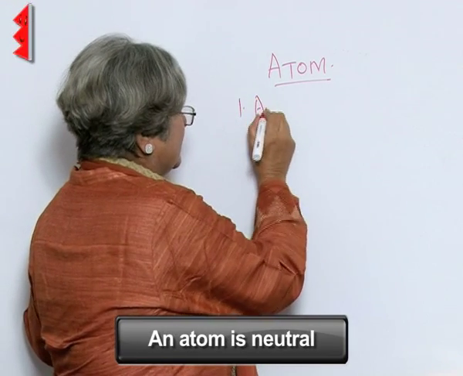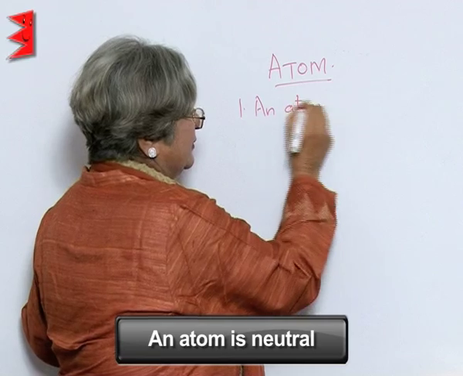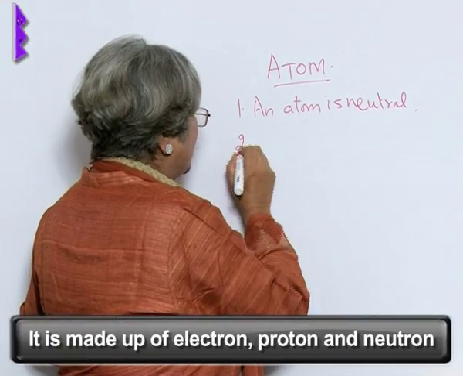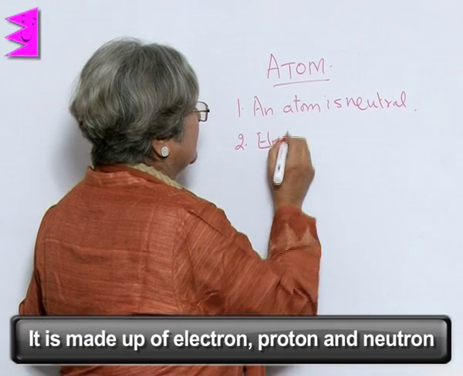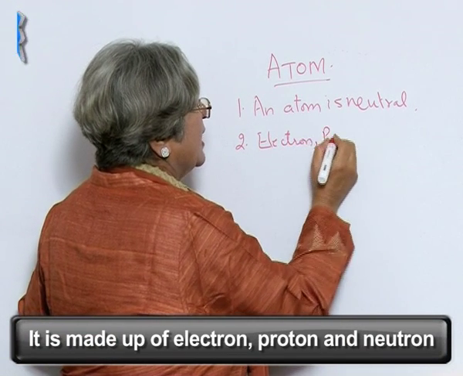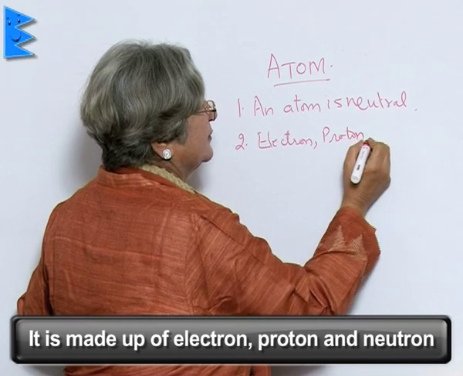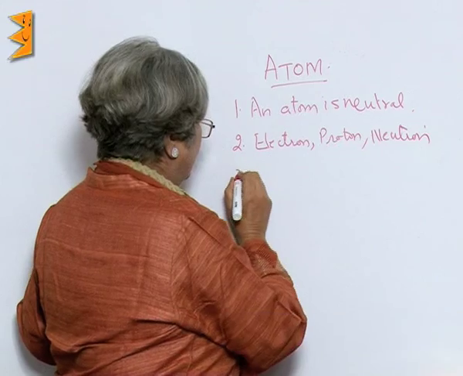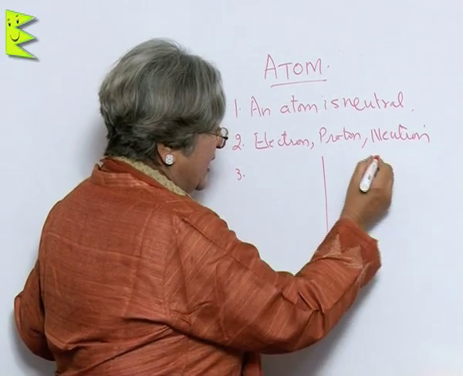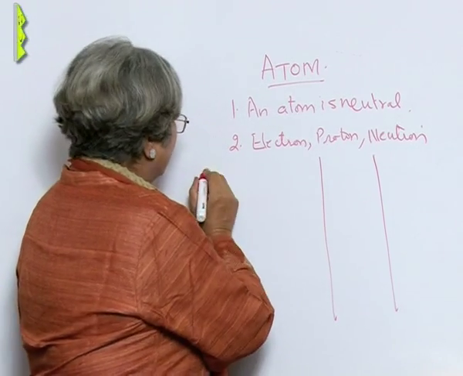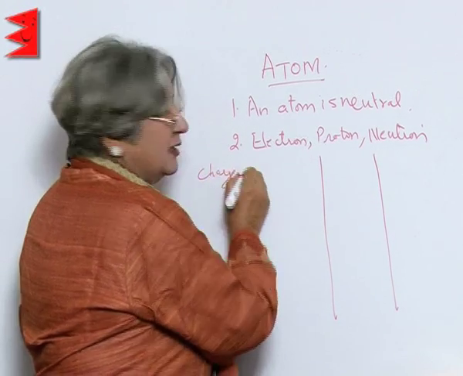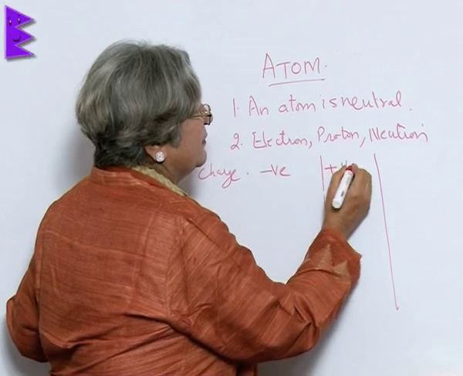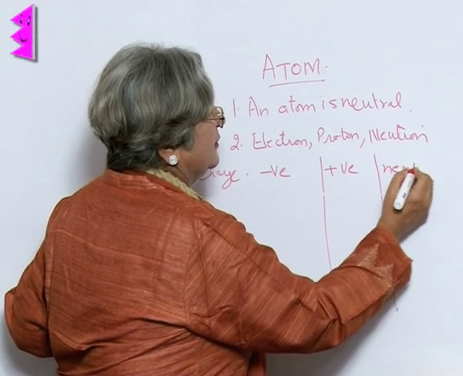An atom is neutral. It is made up of electrons, proton and neutron. If we make a table and first take charge, the charge of electron is negative, proton positive, neutron is neutral.